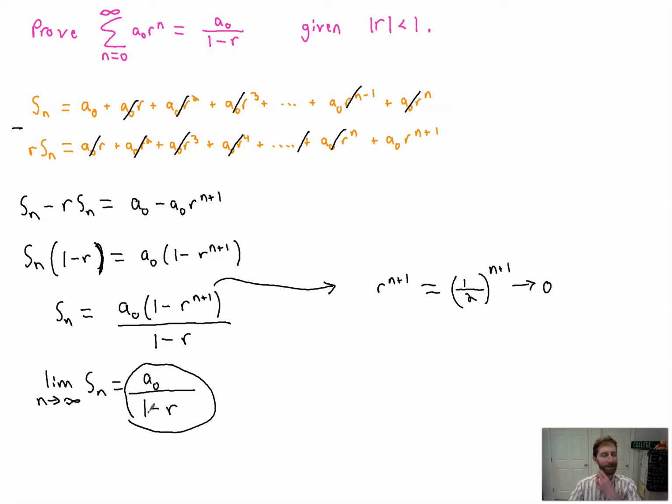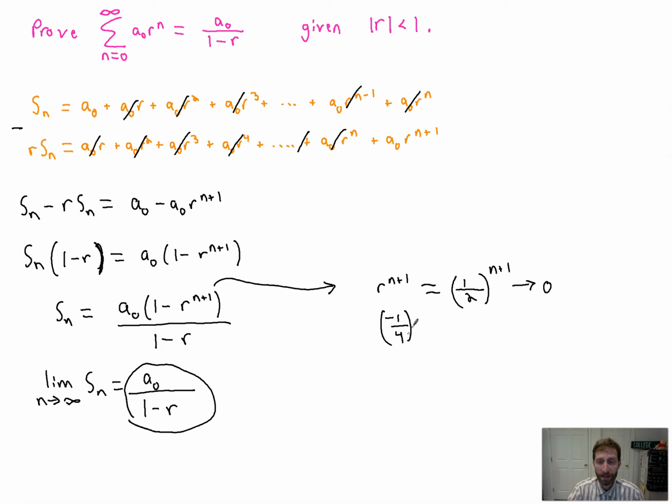Get out of town. So basically, again, the idea is that the absolute value of r is needed there, because it could be a negative r value. Negative 1/2 is fine too. Even if it alternates, it's going to converge. It's the fact that this part here goes to 0 because the absolute value of r is less than 1. It could be any fraction. It could be negative 1/4.